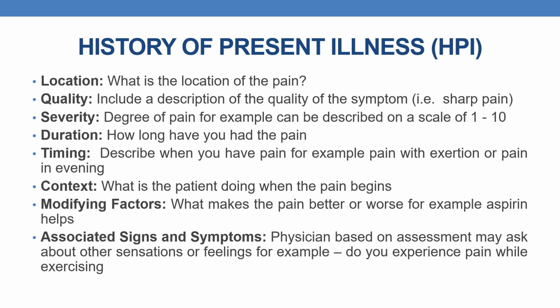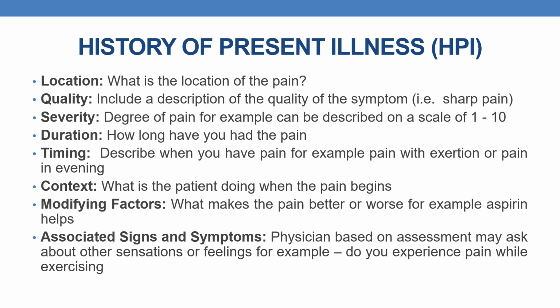So severity is the degree of pain. The next element is duration. Duration is the time gap. How long have you had the pain? Since what time is the patient having the pain? That is the duration. The patient is having pain since morning or since night.